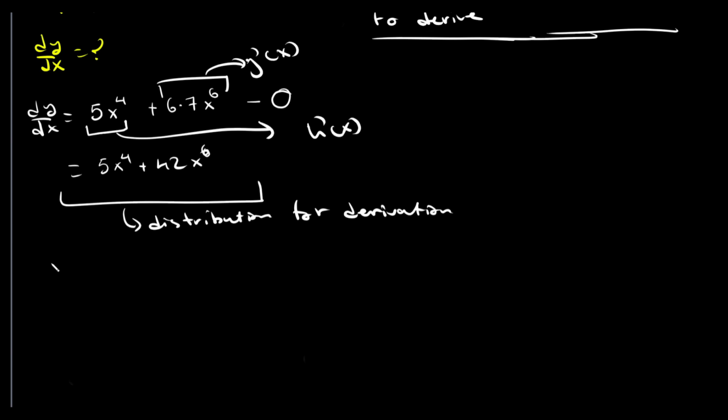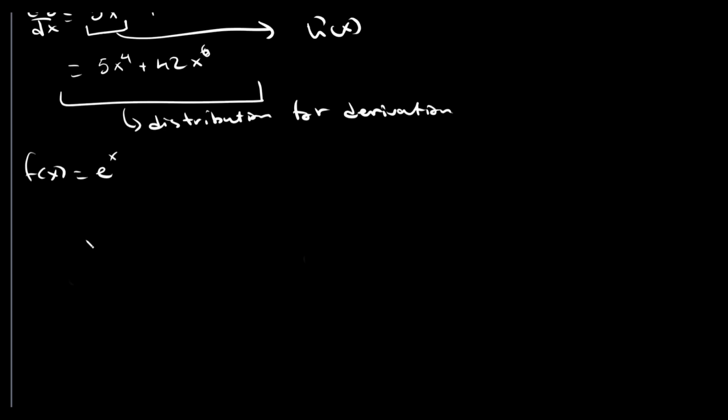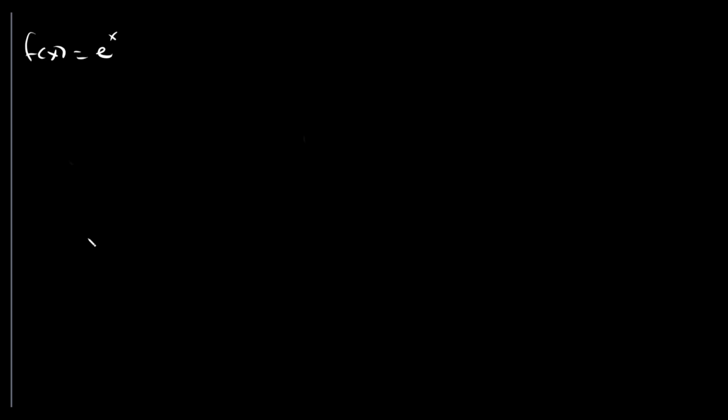And now let's do f of x for my e to the power of x. Every time you don't know how to derive, take your original limit: the limit as h goes to 0 of f of x plus h minus f of x, divided by h.